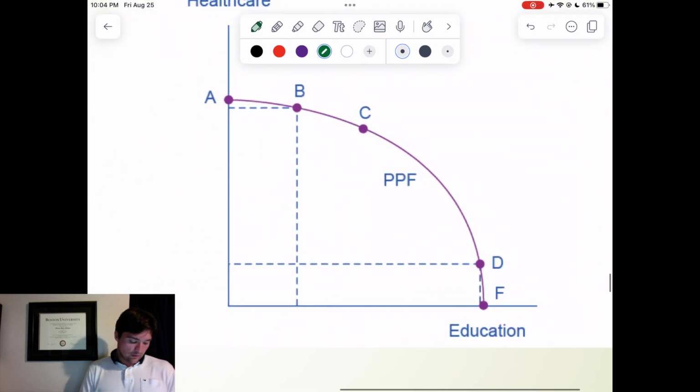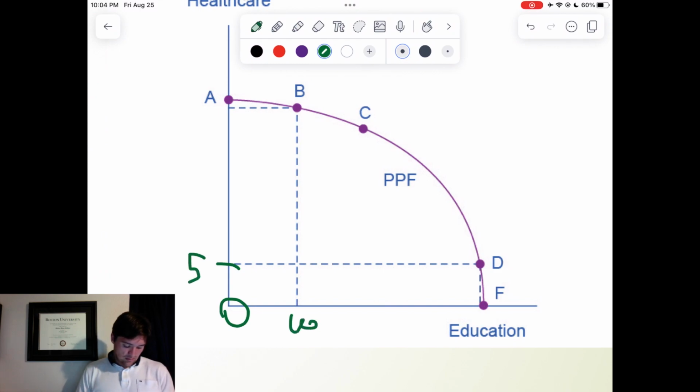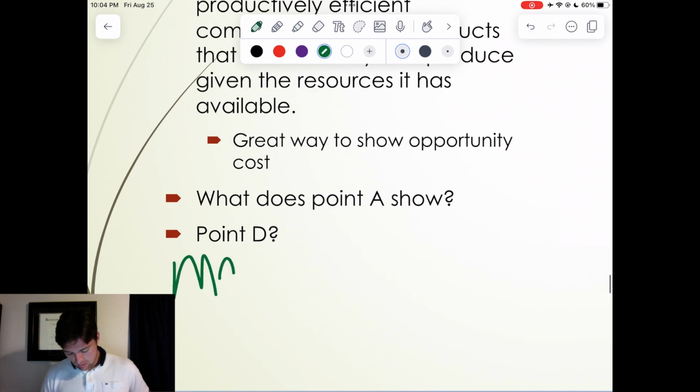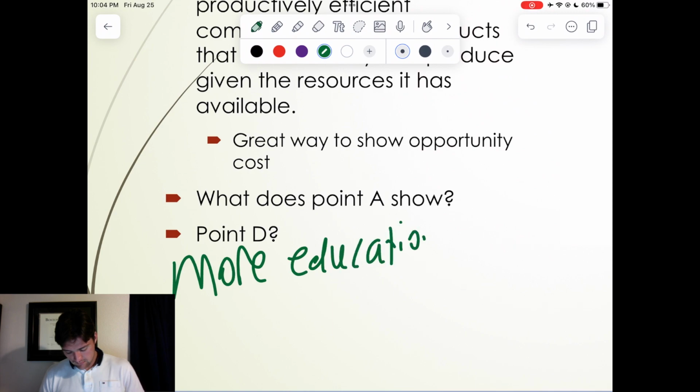Healthcare, so if this is 0, pick a number, 5, that would be 10, that would be 40. So obviously at point D, we have more education than healthcare.